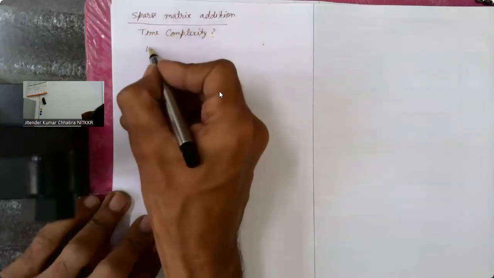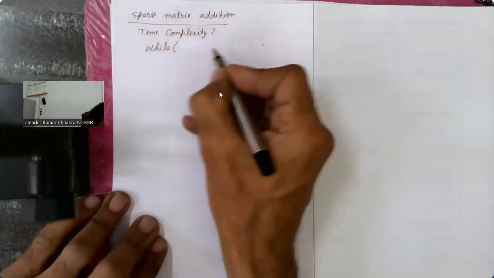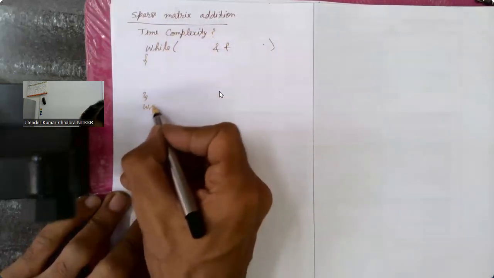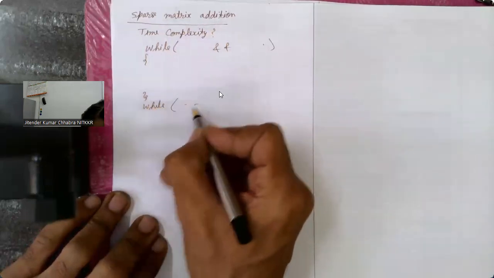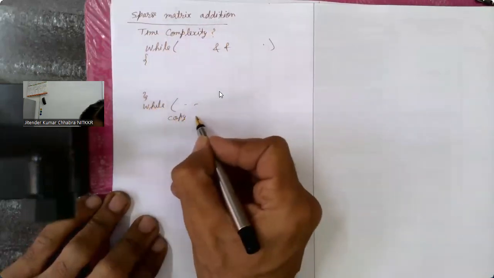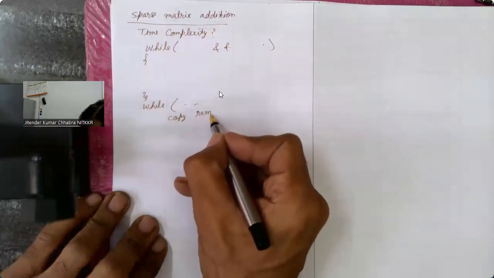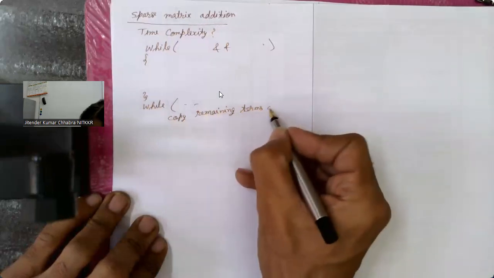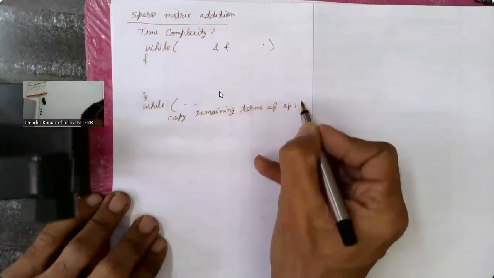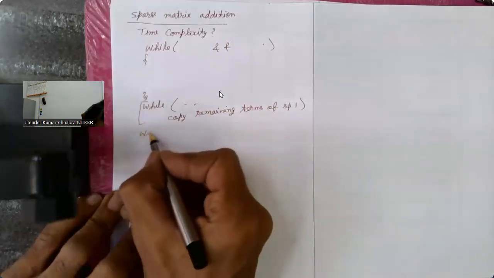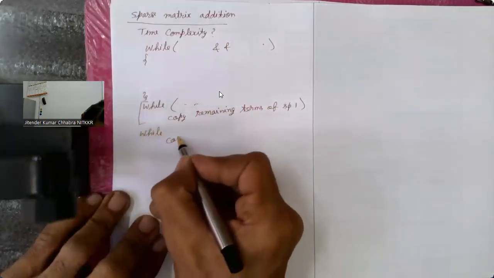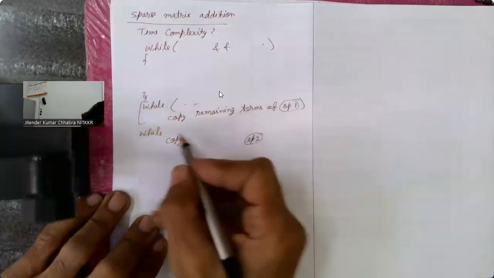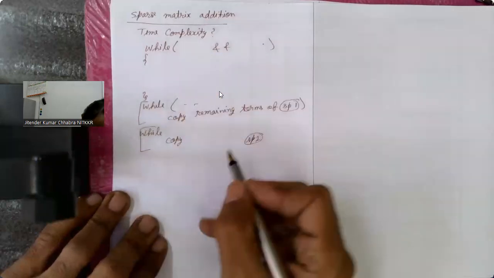I had a while loop with an AND condition, and then I had another while loop for copying the remaining terms of the first list. And similarly, I had another while loop for copying the remaining list terms of SP2. And here I had list base.